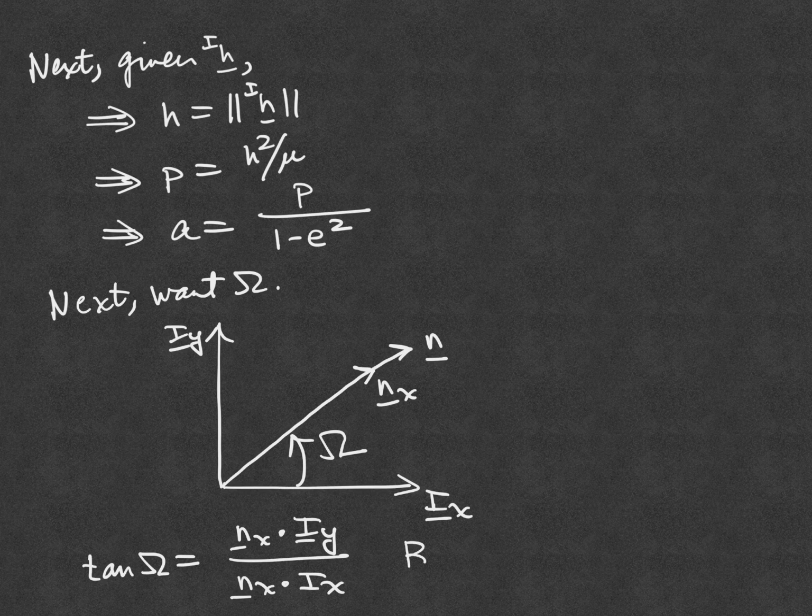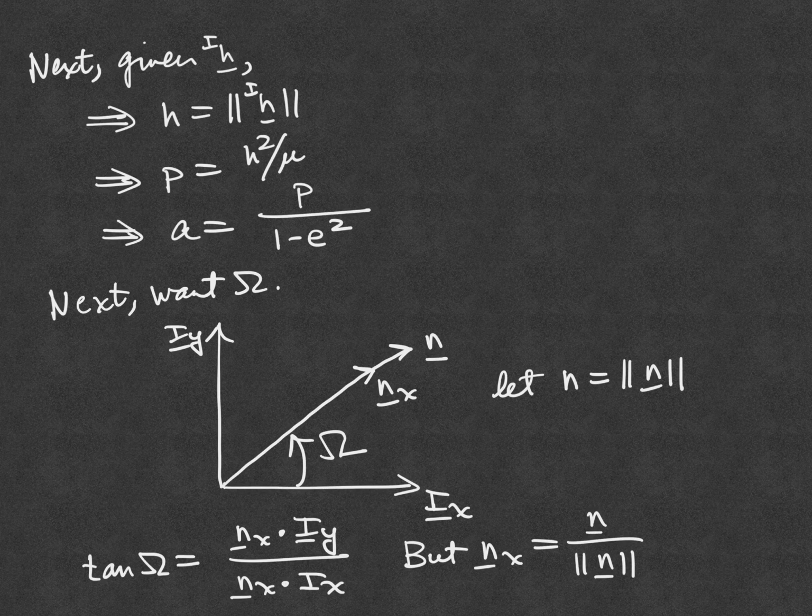But nx is equal to n divided by its magnitude. So let little n equal the magnitude of the line of nodes. So nx is equal to n divided by little n. From that, we can substitute in to get the tangent of omega.